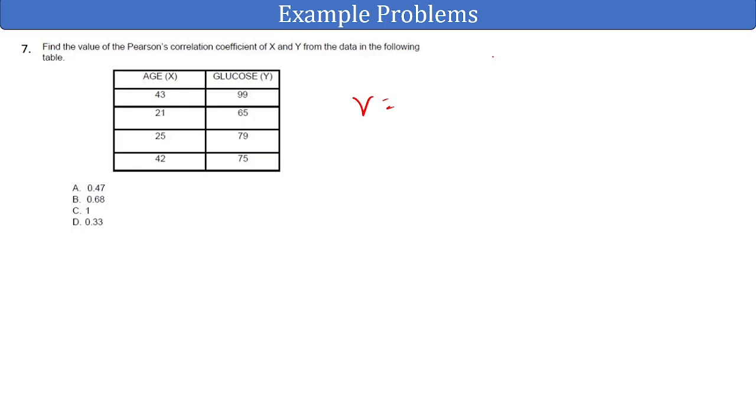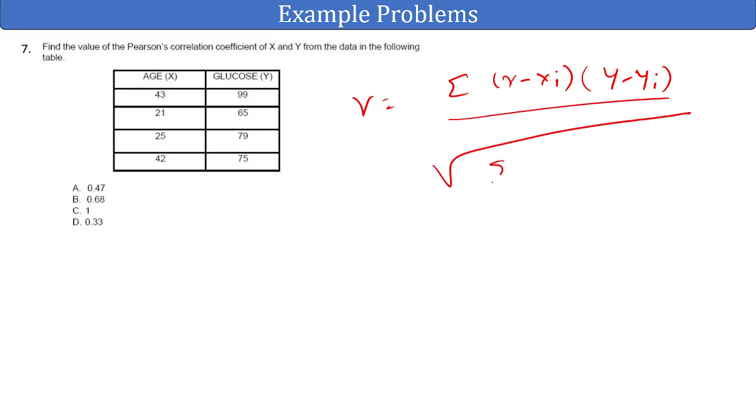R is equal to the summation of (x minus x bar) into (y minus y bar), over the root under the summation of (x minus x bar) squared.